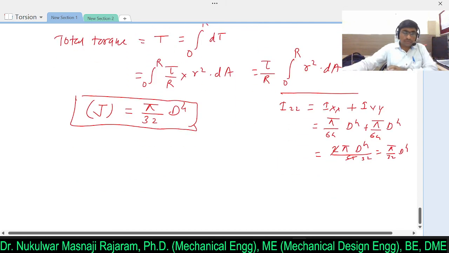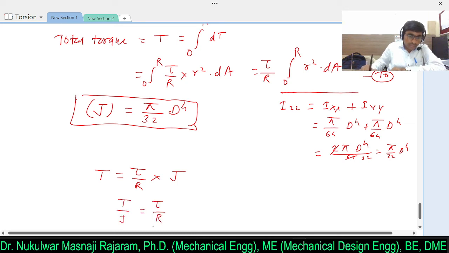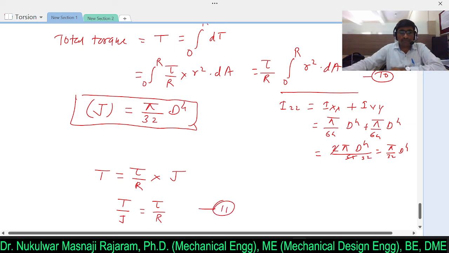Simple. So again, from this equation, let's say this is equation number 10, can I write T equal to tau by R into J, that is the polar moment of inertia. So here I can write T by J equal to tau by R. Let's say this is equation number 11.